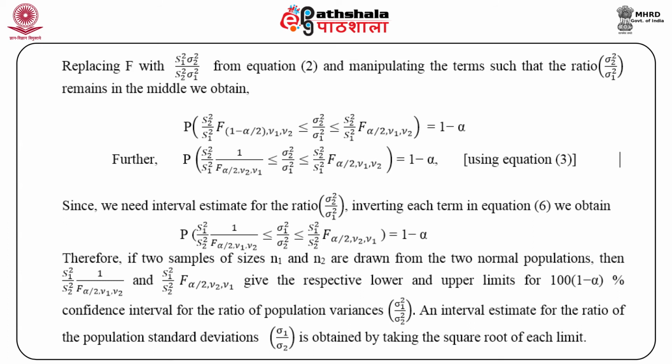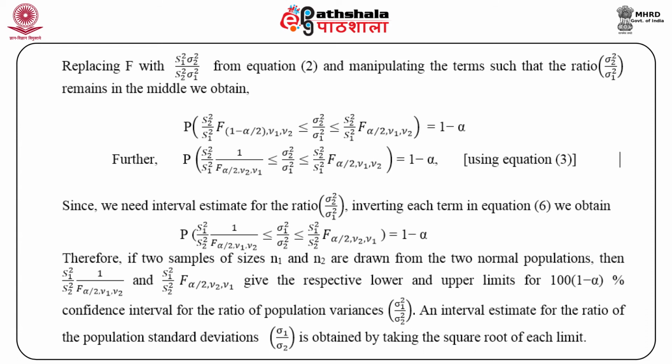Further, we can rewrite this as σ2²/σ1² lies between (S2²/S1²) times 1/F(α/2; ν2, ν1) and (S2²/S1²) times F(α/2; ν1, ν2), and this probability is 1 − α using equation 3. We can rewrite this as equation 6.